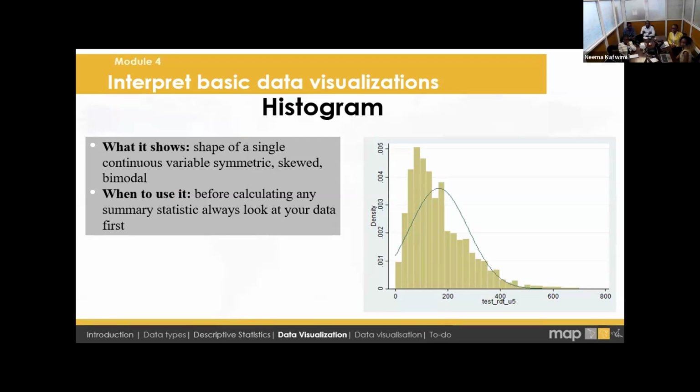So a histogram gives you all that picture. You're going to use it before calculating any summary statistics. You always have to go back and investigate how your data is distributed. What does bimodal mean? Bimodal means your data has peaked, gone down, and peaked again. You get the concept?